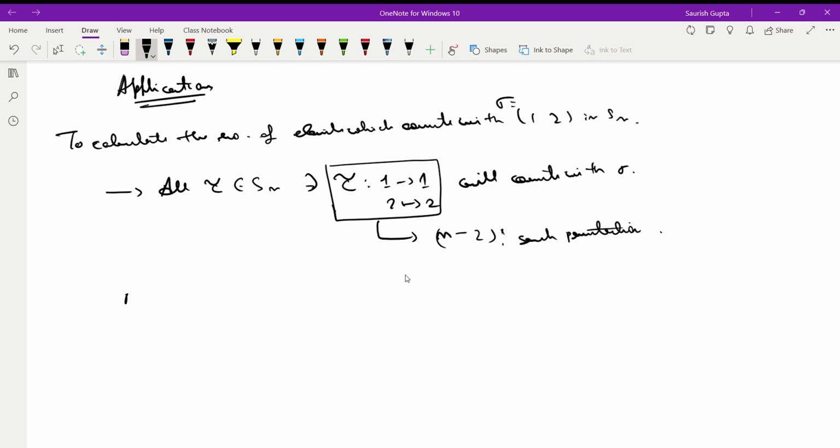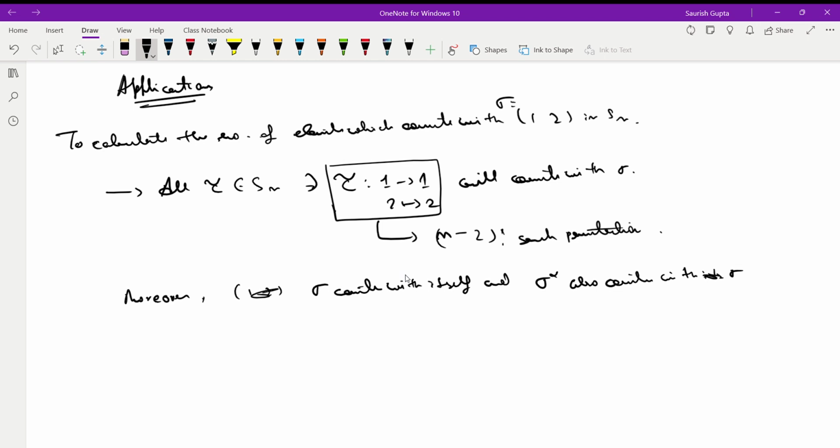Moreover, sigma commutes with itself, and any power of sigma, sigma to the power alpha, also commutes with sigma. But the order of sigma is 2, so the only possibilities for alpha are 1 or 2. 1 is already checked, and sigma to the power 2 will be identity.